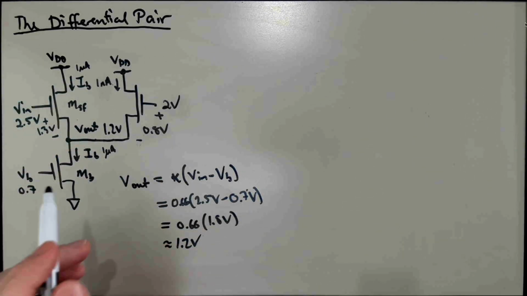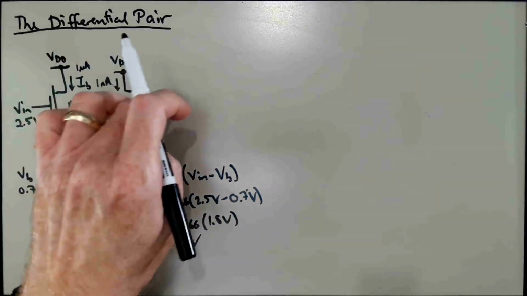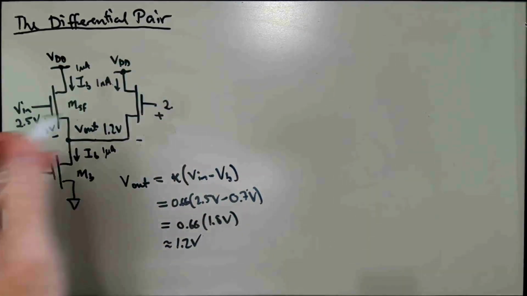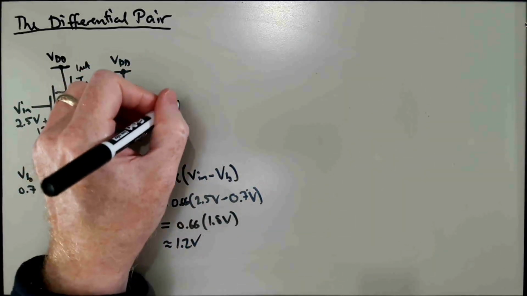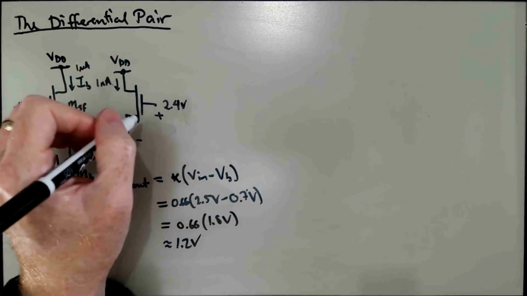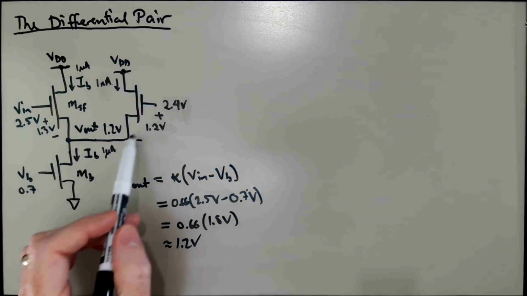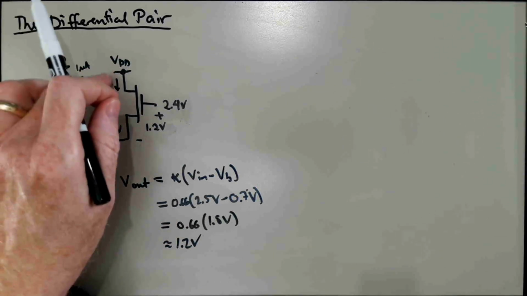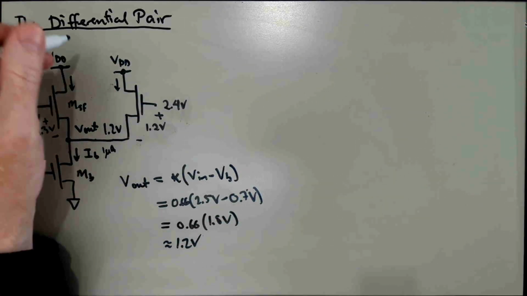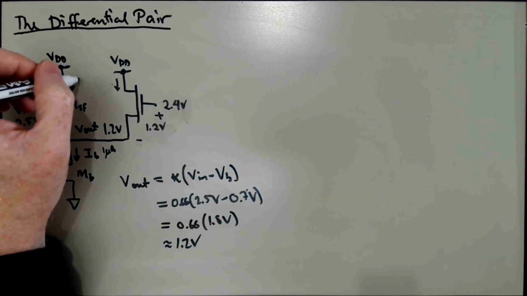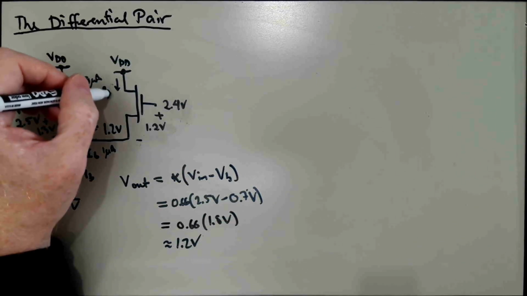And so it's only when we get up into about, let's say, 2.3 volts or 2.4 volts, let's say 2.4, where we have here maybe 1.2 volts, where now we start to get comparable gate to source voltages, and now maybe we're starting to see some shift, so that this is not any longer all of the bias current, but now this is maybe 0.8 microamps and this is 0.2 microamps or something.